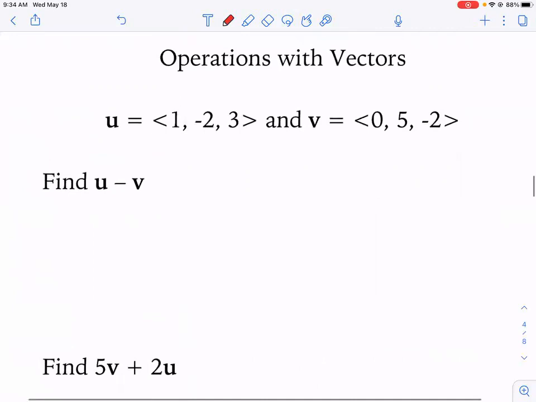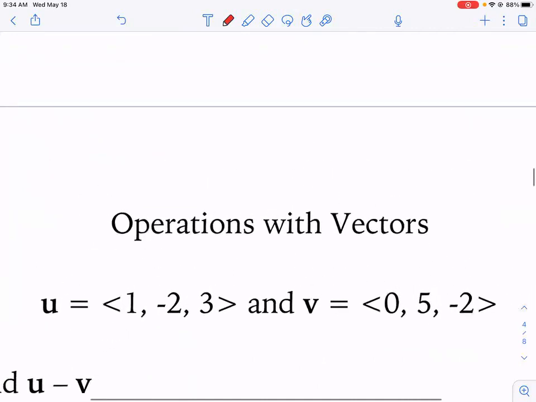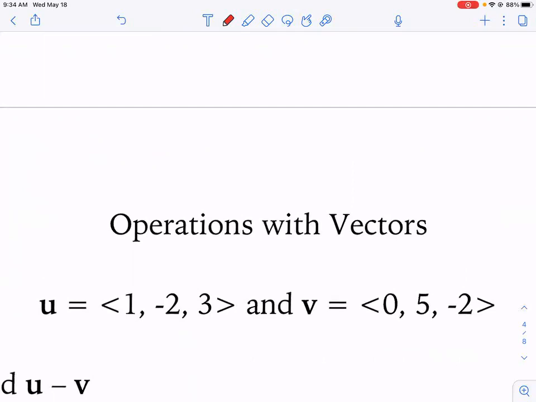All right, operations with vectors. Would you please write down these 2 vectors? 1, -2, 3 is vector u. Vector v is 0, 5, -2. Write them down. We're going to do some operations with them.